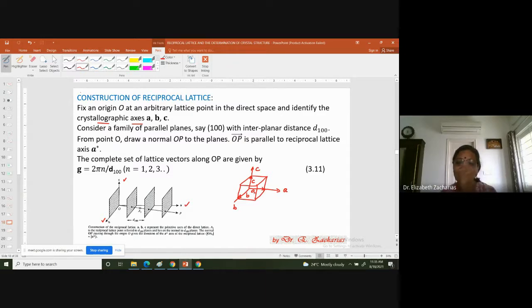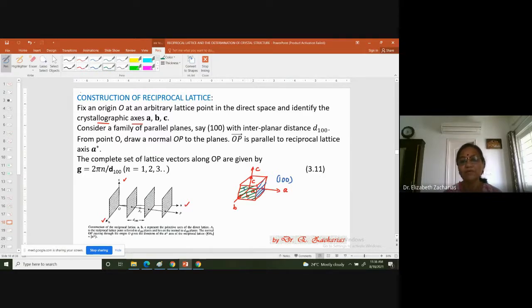And since those directions are defined by these A, B, C vectors, he calls these axes, crystallographic axes, also as A, B, C. Now, just remember that a plane parallel to the BC plane and lying at a distance A from this plane is going to be represented by 1, 0, 0.